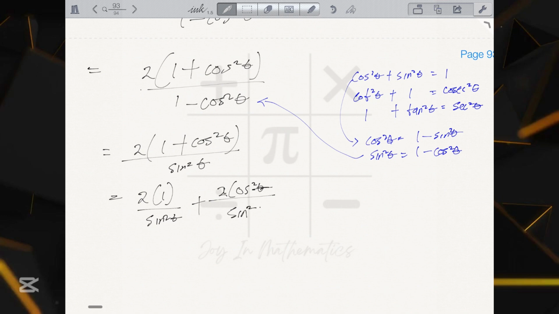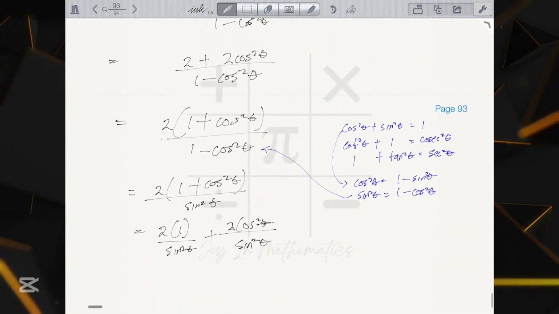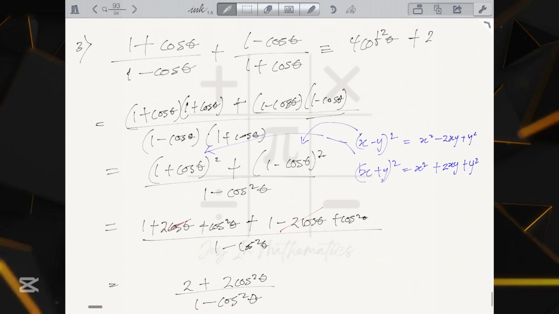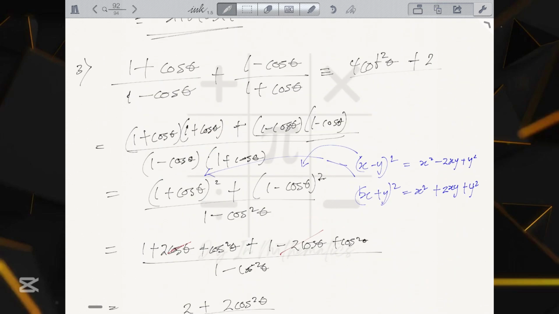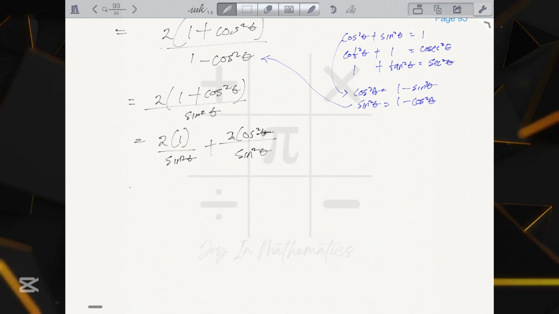And remember, all we are trying to evaluate is that we have 4 cot squared theta plus 2. So let's simplify further. 1 divided by sine squared theta.